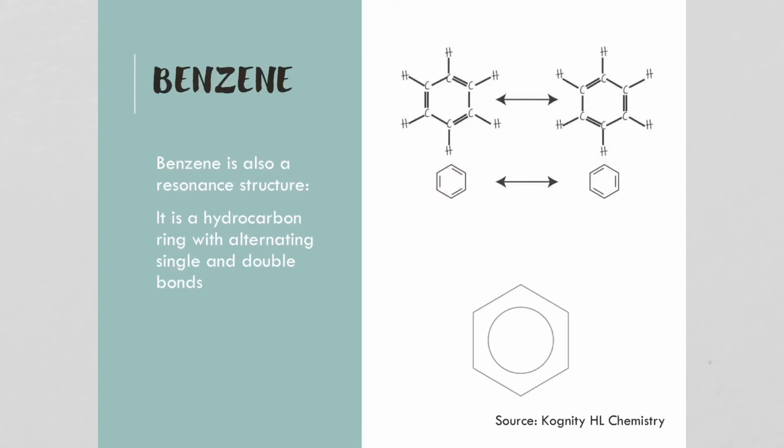So it could be this, or it could be this. But rather than drawing this, chemists draw this to show that there's resonance, that those double bonds could alternate. So it's a hydrocarbon ring with alternating single and double bonds. This would be the correct form for drawing the resonance structure for benzene.